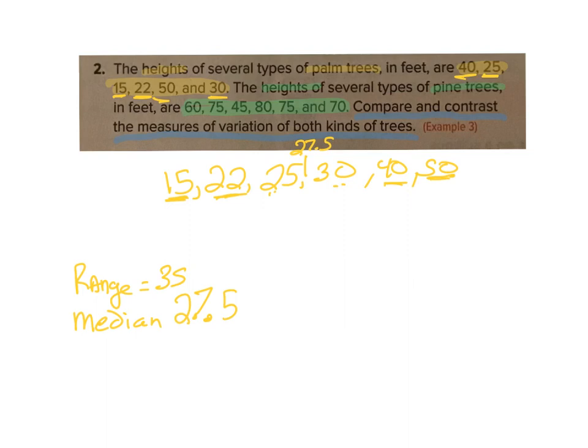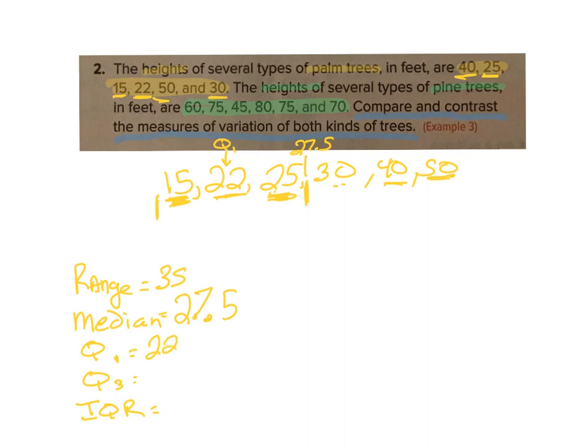Now, we want to find quartile 1, quartile 3, and the interquartile range. Fun stuff. So, quartile 1 is you take from here to here, and you find the center. So, take 1 away here, take 1 away here, and it leaves me with 22. So 22 is Q1.